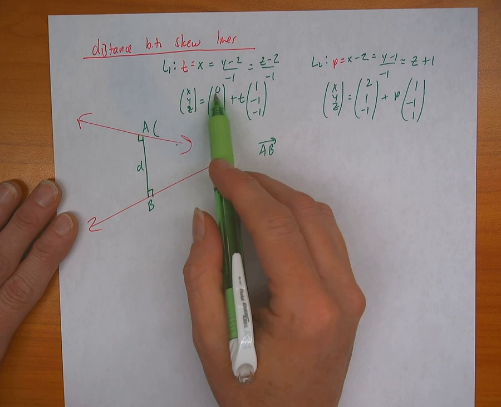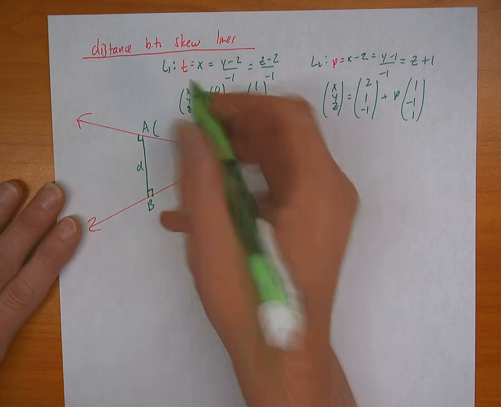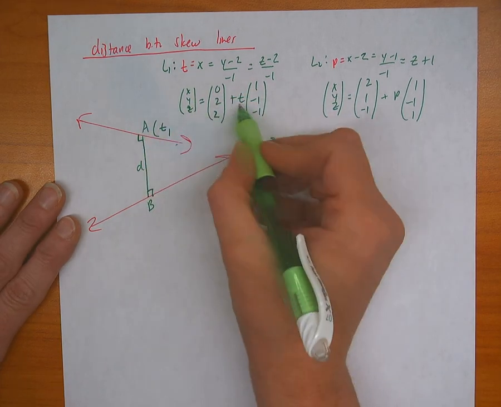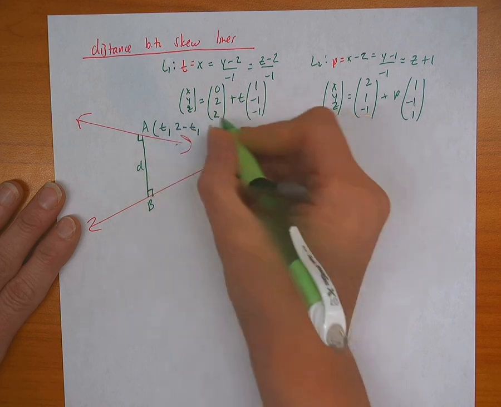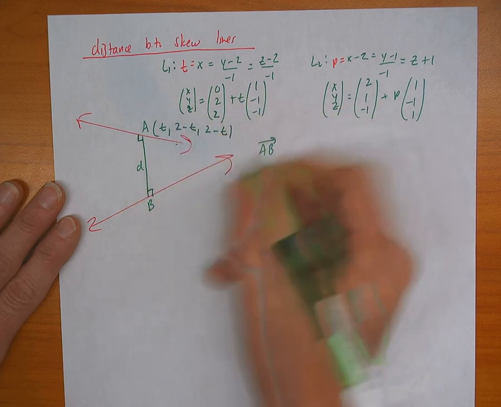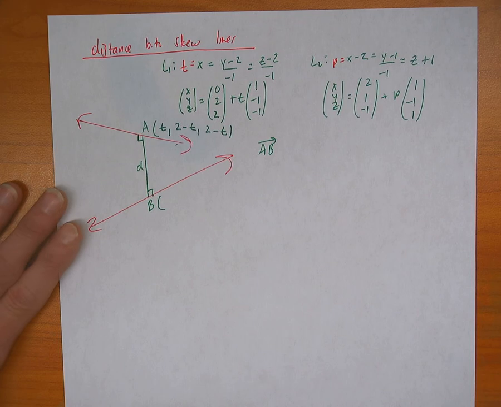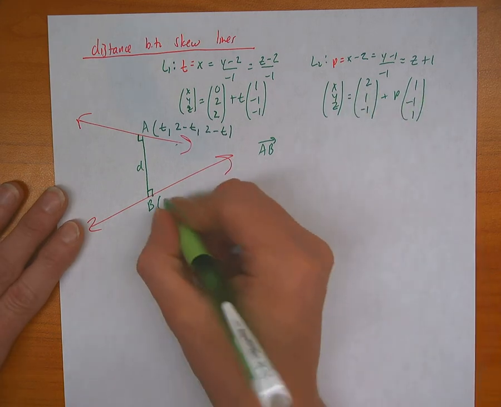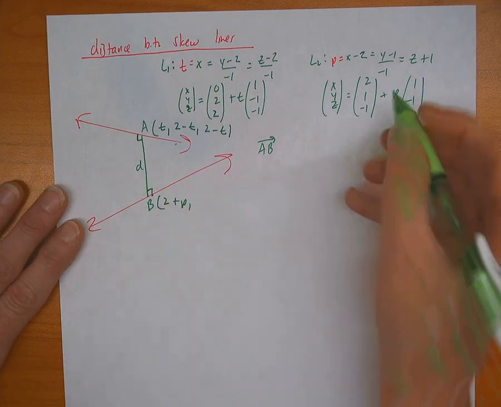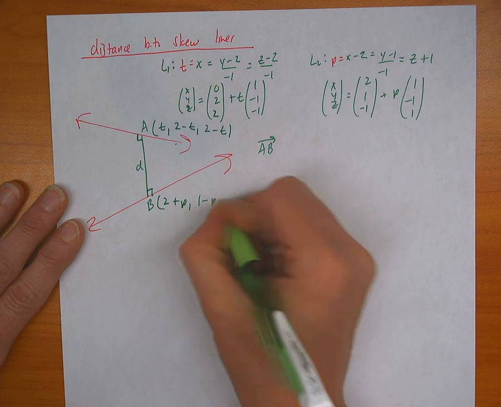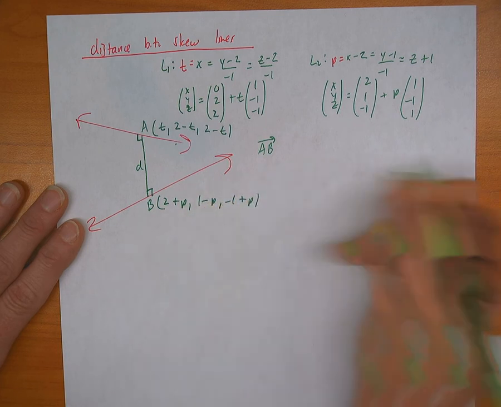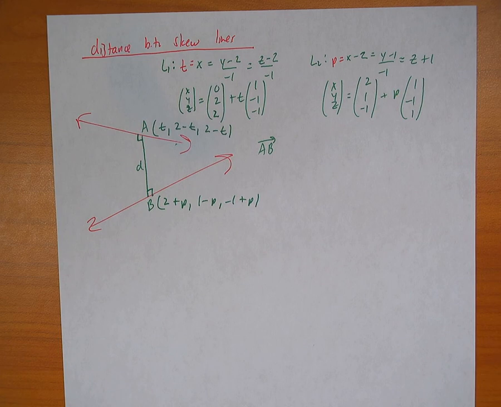So the coordinates for A would be 0 plus 1t, 2 minus t, and 2 minus t. Whereas the coordinate for point B would be 2 plus p, 1 minus p, and negative 1 plus p. Those would be our x, y, and z coordinates.